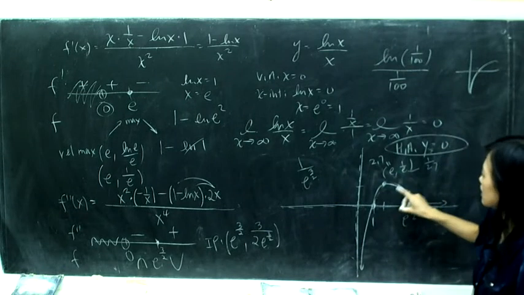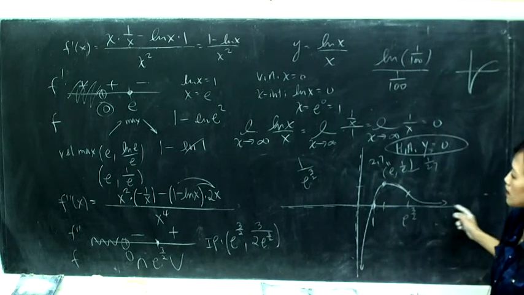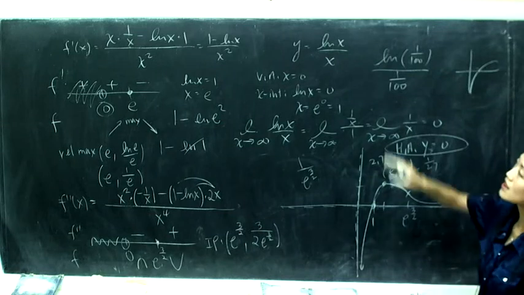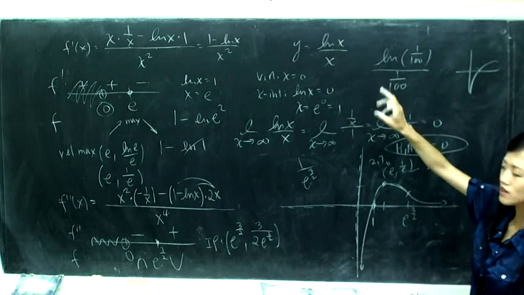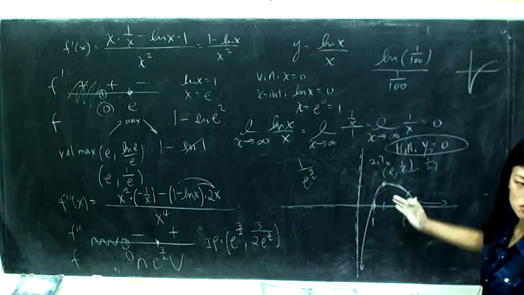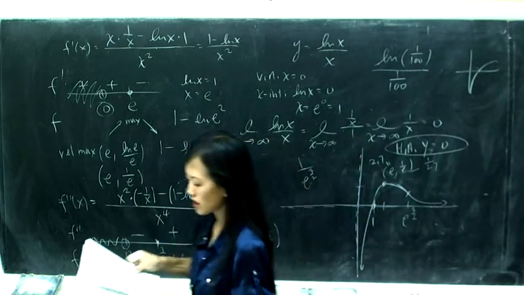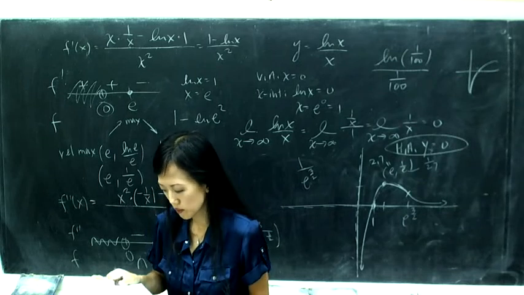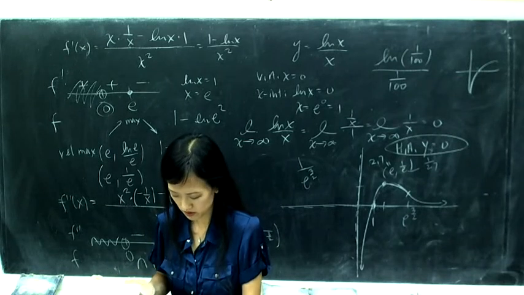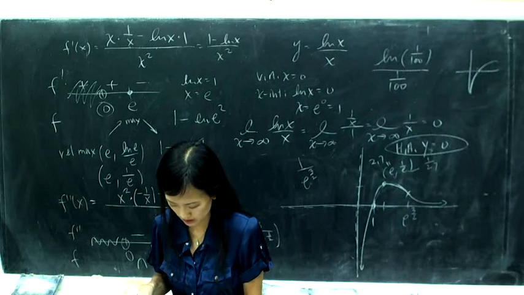That's trying to be the max. e, 1 over e is the max. And it comes back to the horizontal asymptote. So a lot of the ln x, e graphs often have a horizontal asymptote, right? And vertical, you can probably figure it out. So you're going to do them for homework, so pay attention to how they look when you do them for homework. Okay, other than that, let me see.